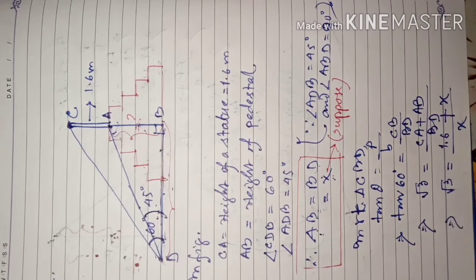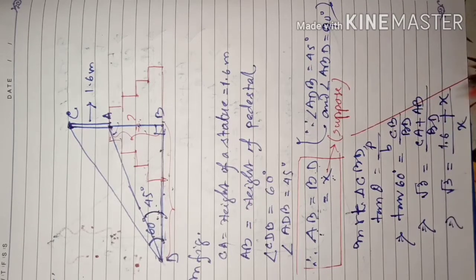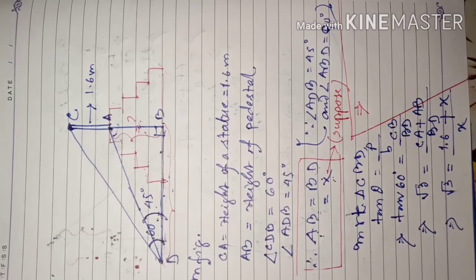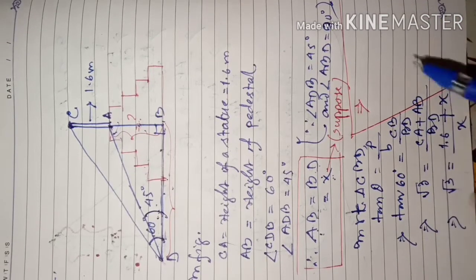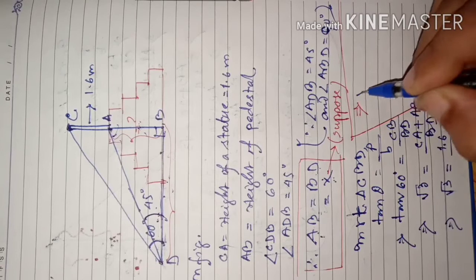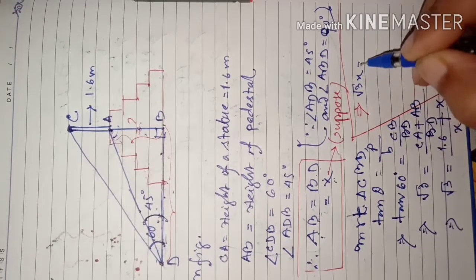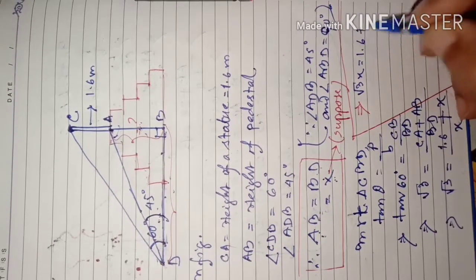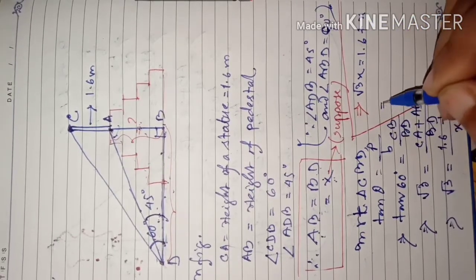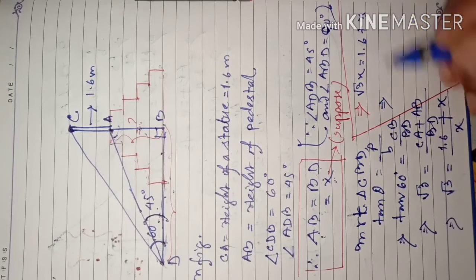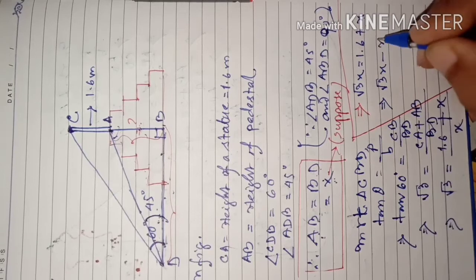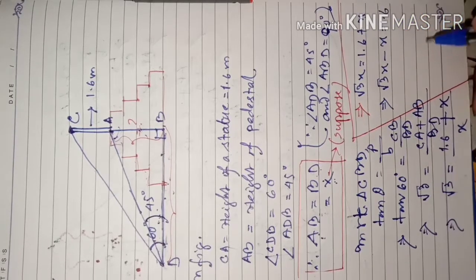I am writing here itself, because I don't want to turn the page, as turning makes it difficult to follow. So root 3 x is equal to 1.6 plus x. The terms having x, you bring to one side: root 3 into x minus x is equal to 1.6.